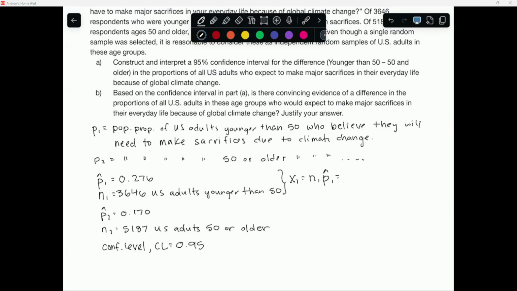So 0.276 times 3646, and I get 1006.2 something, so I'm going to round that down to 1006 because I know I need a whole number. Down here, x2 is going to be n2 times p hat 2, so 0.17 times 5187, and I get 881.79, so I'm going to round that up to 882.